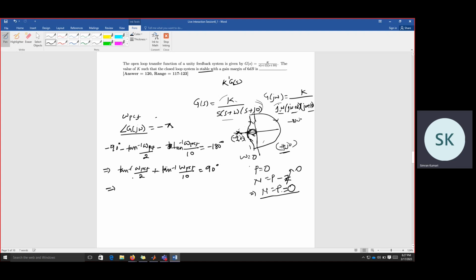We know tan inverse A plus tan inverse B is tan inverse of (A plus B) by (1 minus AB).